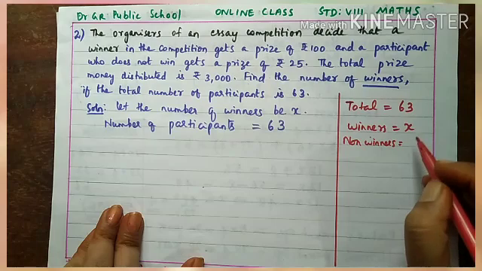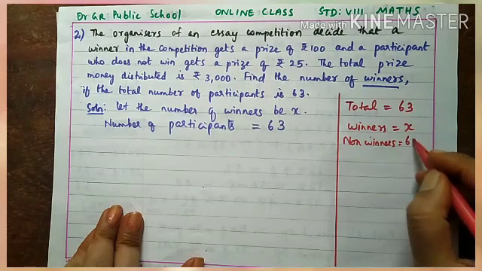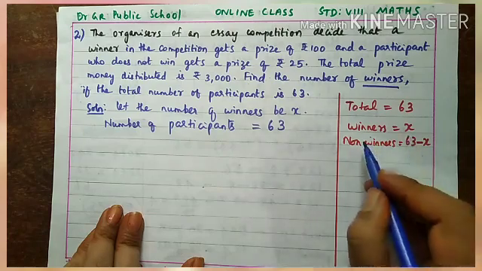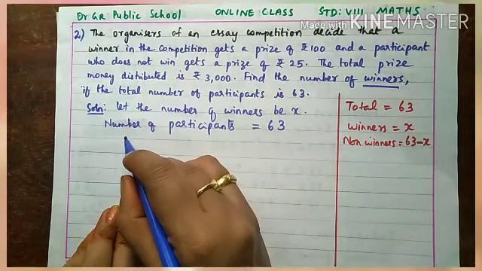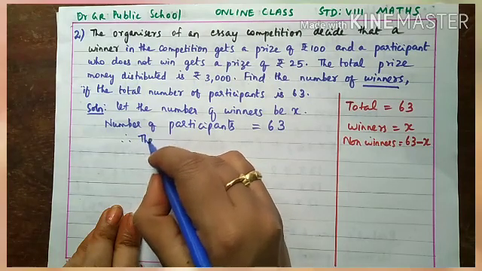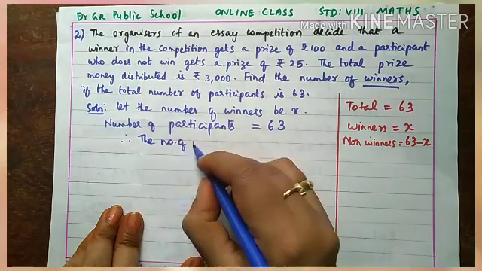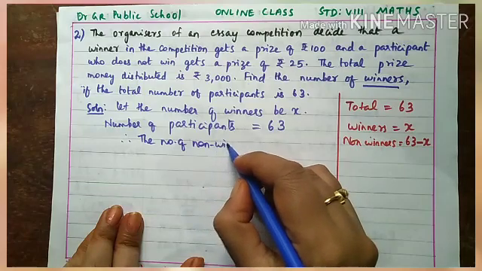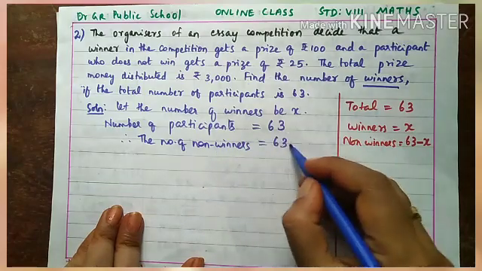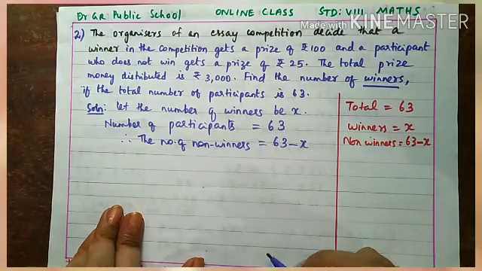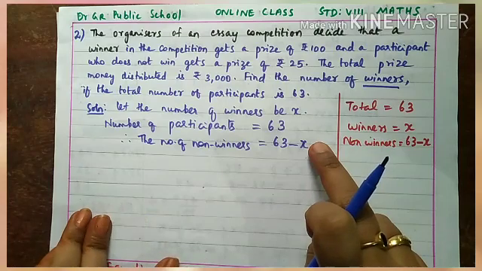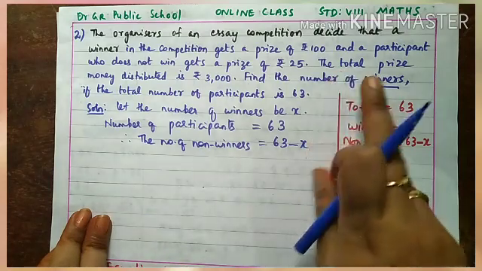Yes, subtract 63 minus x. Okay, so the thing we are applying here. Therefore, the number of non-winners, or you can write losers also, no problem, 63 minus x. Understood? So this much we are getting from the total. Now what is given here actually?